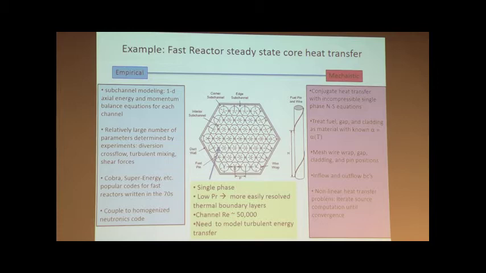I mean, it seems kind of hard to believe, but we made a lot of progress on this problem. And in fact, a lot of the rules of thumb for what happened in this type of scenario, we found not to really be the case, generally speaking. And we came up with, I think, a much deeper and a broader understanding. A lot of what we did, we used to make improved subchannel codes.